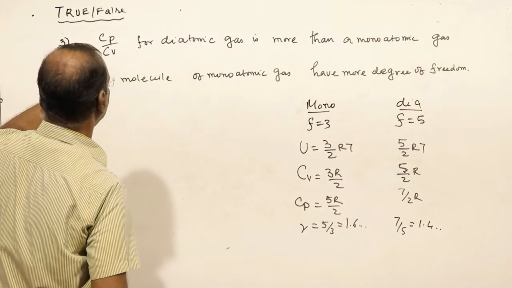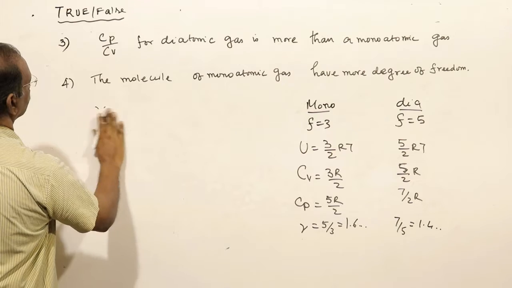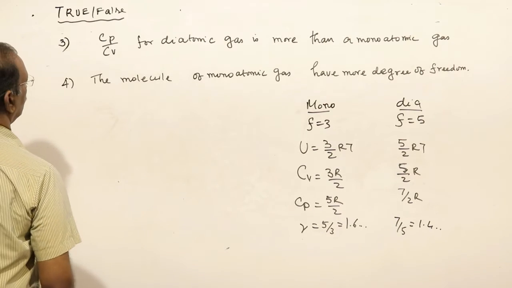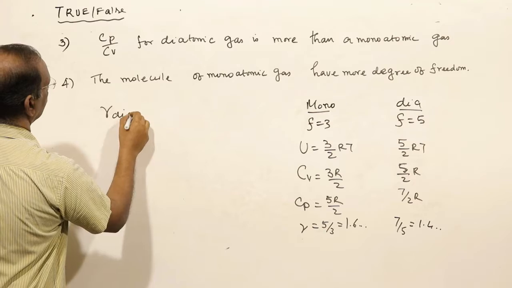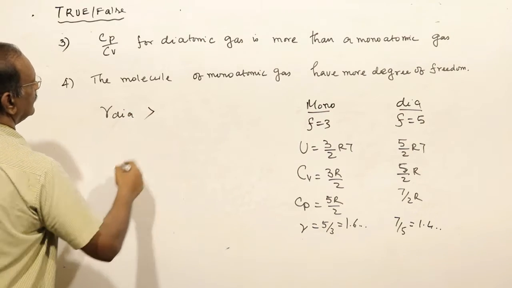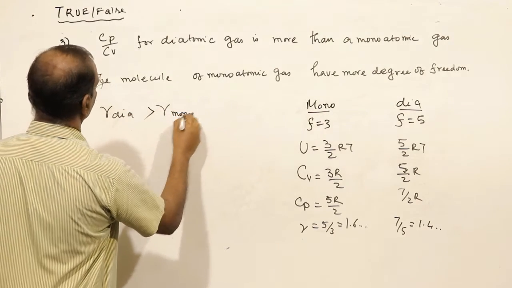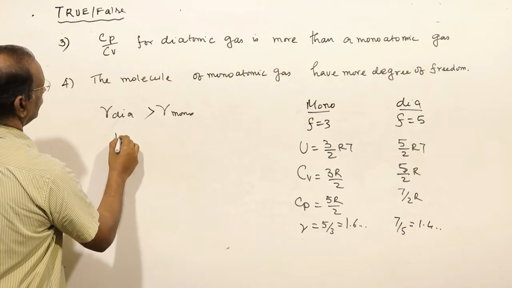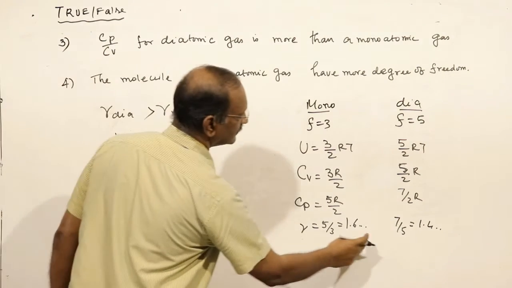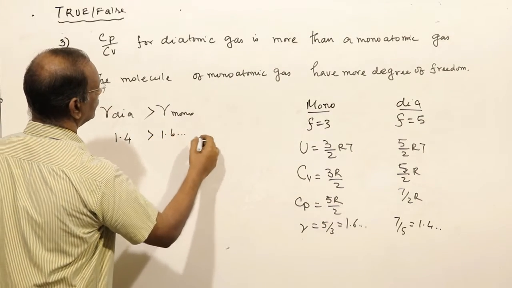So the first question: Cp by Cv, that is gamma for diatomic, is more than gamma for monoatomic. What does diatomic give? Gamma is equal to 1.4, which is not greater than 1.6 something. False.